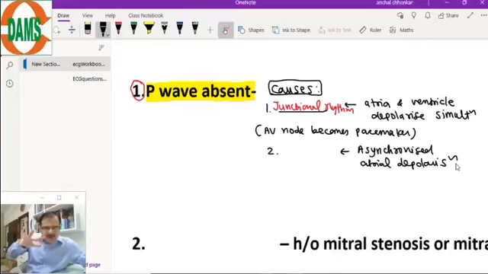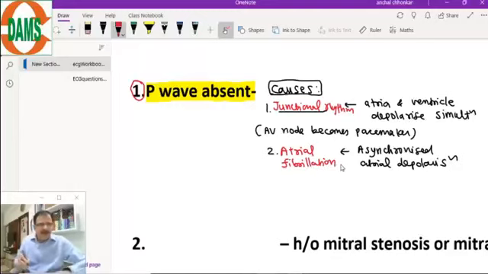Each fiber is depolarizing independent of each other. This is a case of atrial fibrillation. The second cause of absent P wave is asynchronized atrial depolarization, atrial fibrillation.